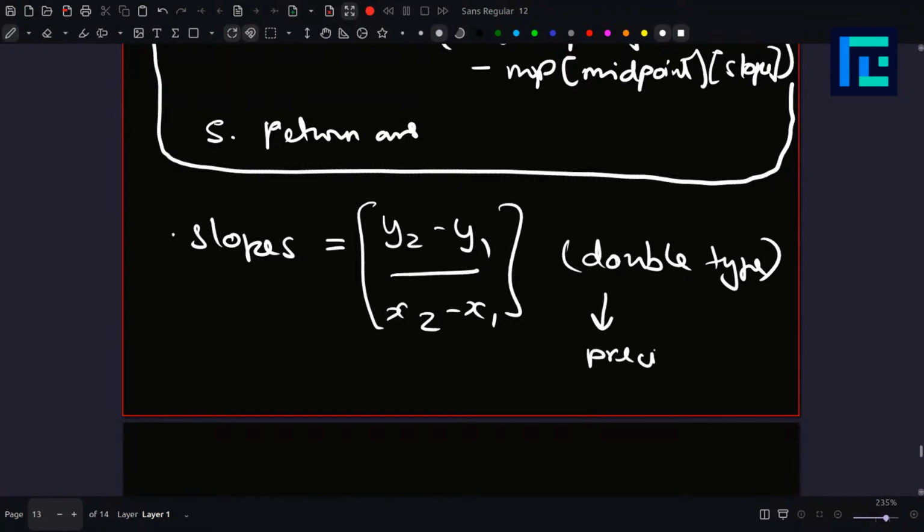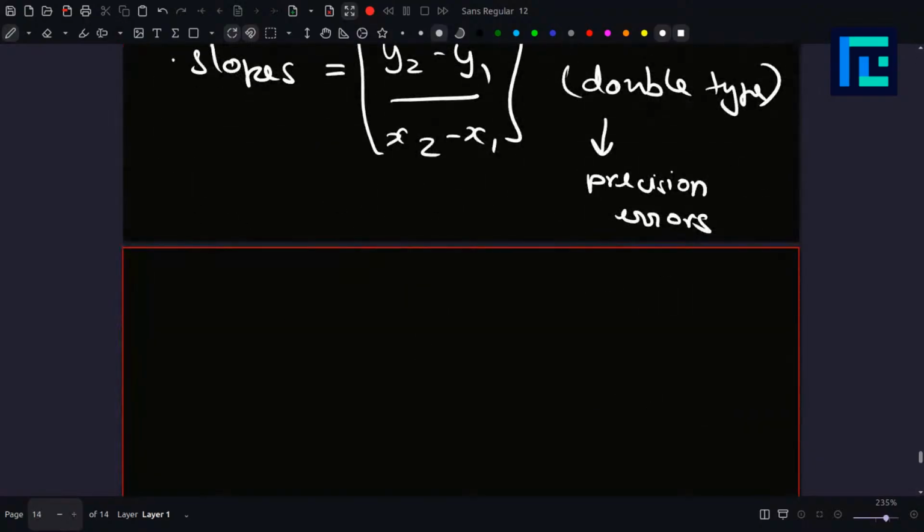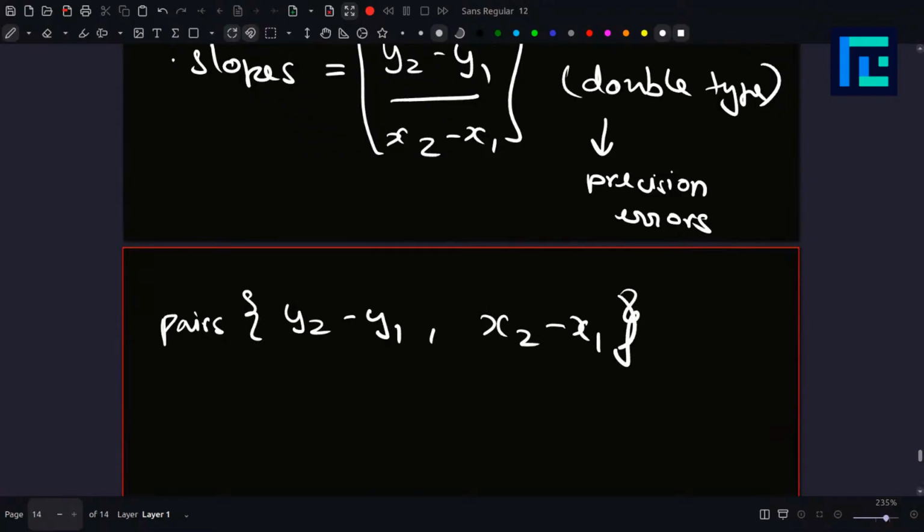If we store the exact slope, we can't even keep it in a map properly because it will lead to precision errors. So the way I was storing slopes was as a pair. Fractions can be stored as pairs of y2 minus y1, x2 minus x1.